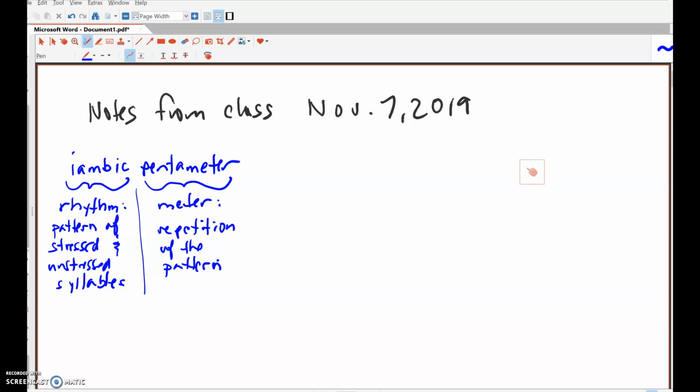Okay, so now when we talk about poems, and this is actually poetry, let's call it the units of a poem or units of poetry, the largest unit is the poem itself. The second largest unit is the stanza. And last night for homework, you read a mere 2 stanzas in the epic poem.